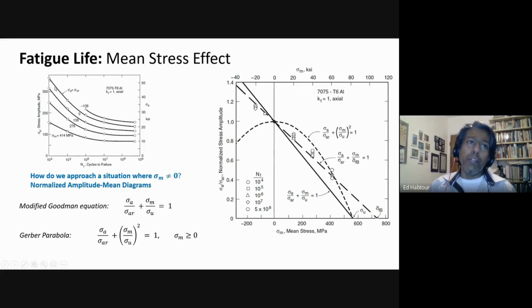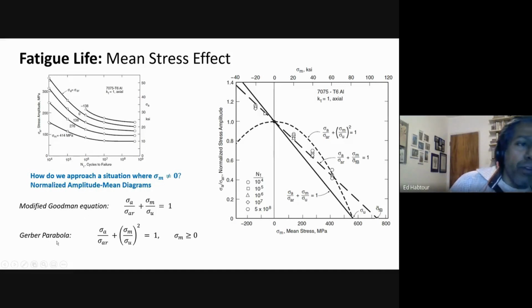If your mean is 0, your curve is going to be different than for a mean of 400 megapascal. Well, the best we can do right now in terms of design is use the Goodman equation, which is really more or less a curve fit.